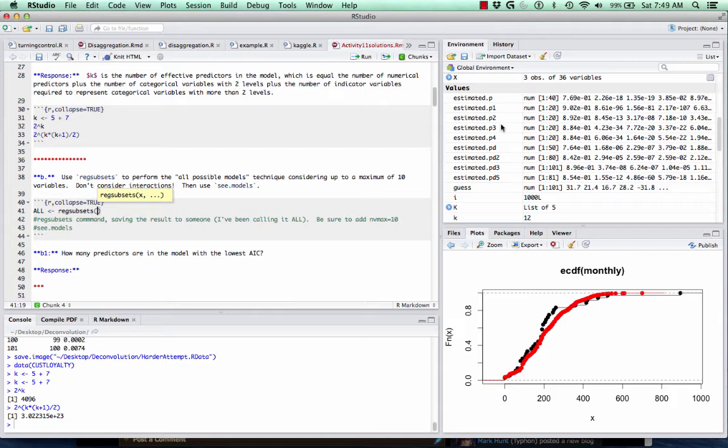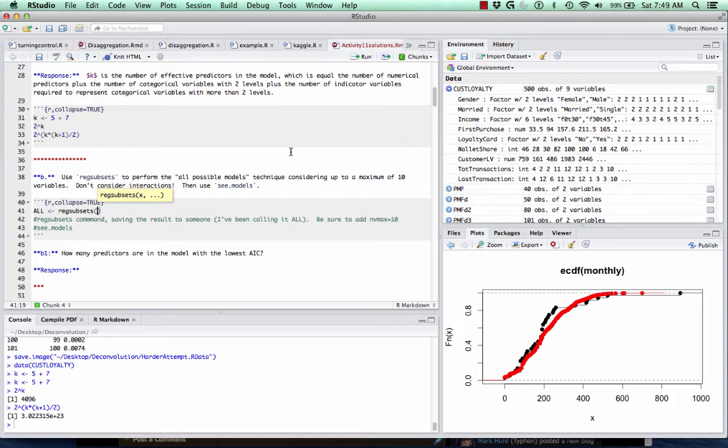Now in this case it is just the full model with all predictors in it, but no interactions, so customer twiddle dot, data equals cust loyalty. And we can add in the nvmax argument to say, all right, put a cap on the number of predictors that we want to consider at 10 here.